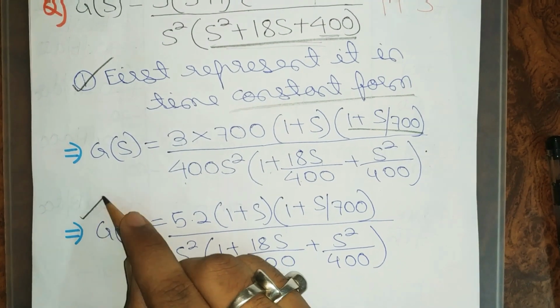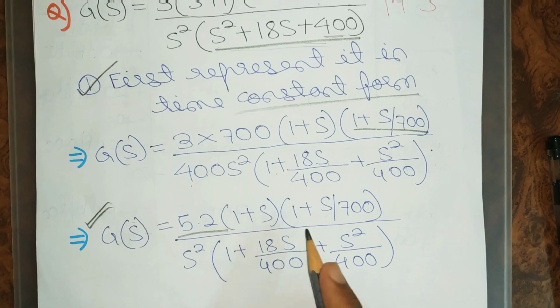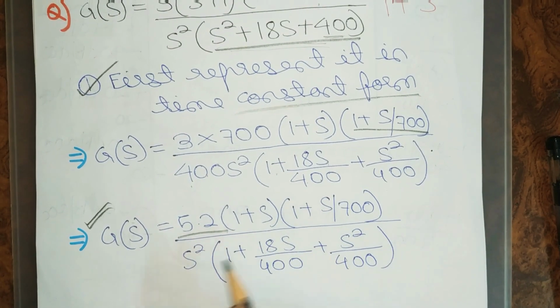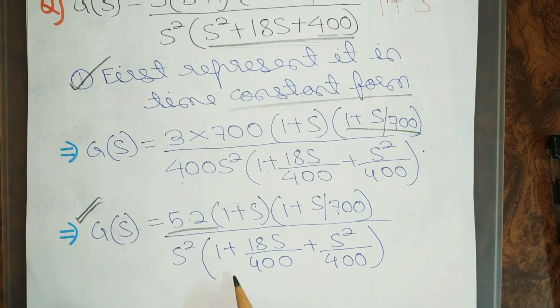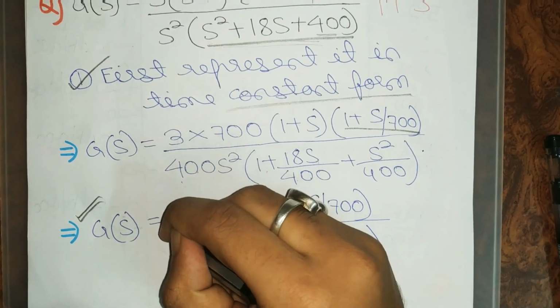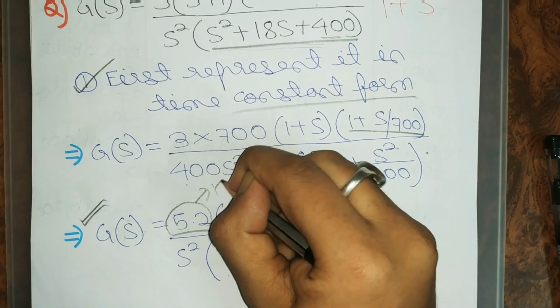After simplifying, you will get 5/2 times (1 plus s) over (1 plus s by 700) times (1 plus 18s by 400 plus s squared by 400). And this 5 by 2 is the system gain, as I told you.